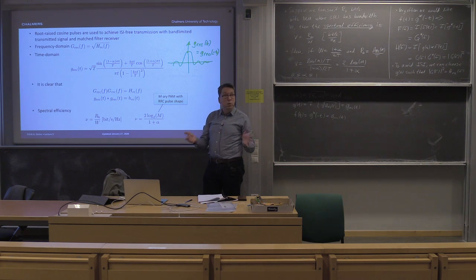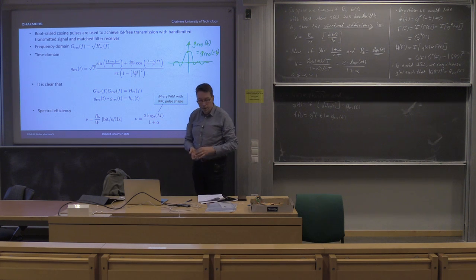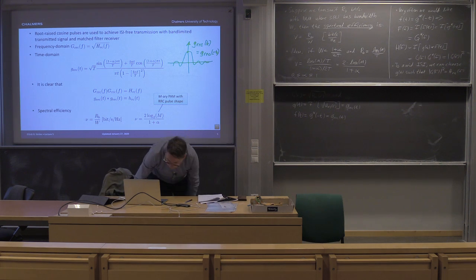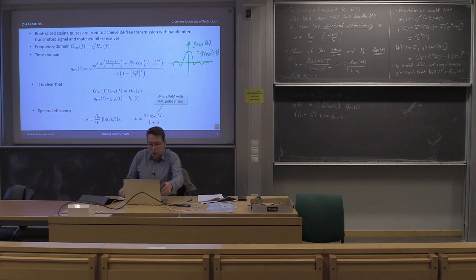So those practical constraints are not a big problem to handle. But they need to be handled in a real implementation, of course. So if we use these root raised cosine pulses, then the spectral efficiency is the same as we had before. So it's 2 times the log 2 of M divided by 1 plus alpha.